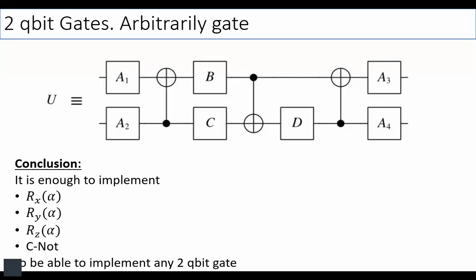You do C naught 2, 1, and you do A3 tensor A4. First is this, and second is that one.